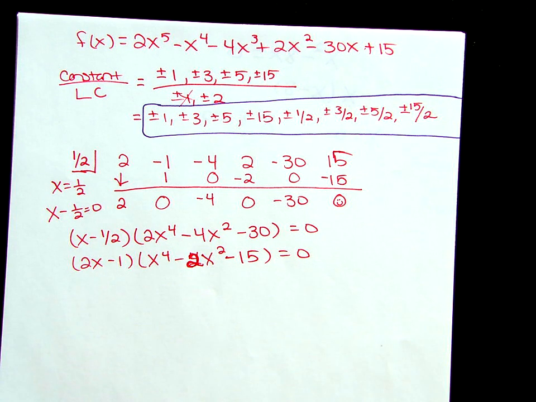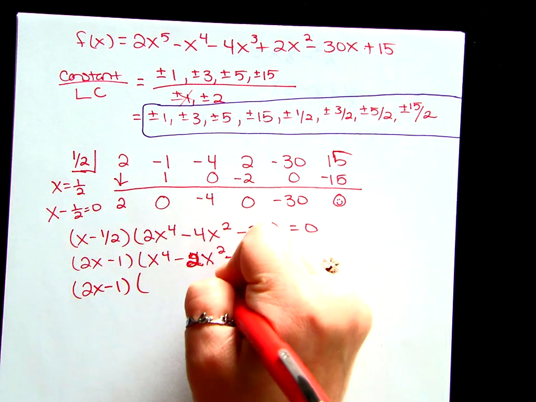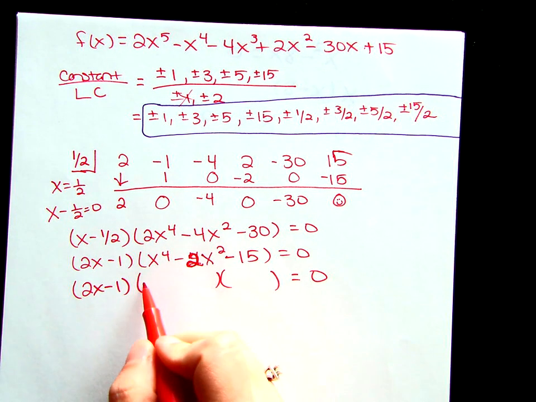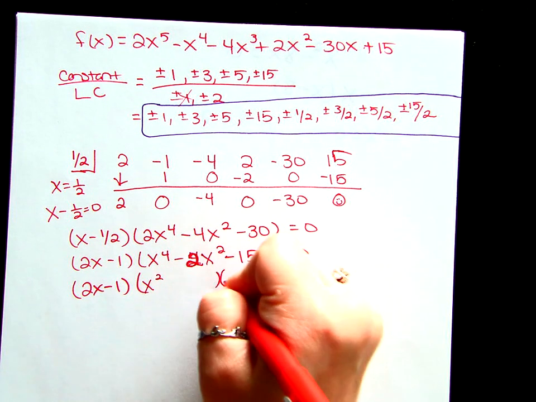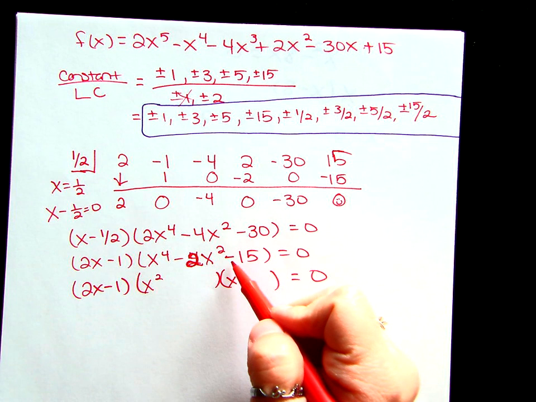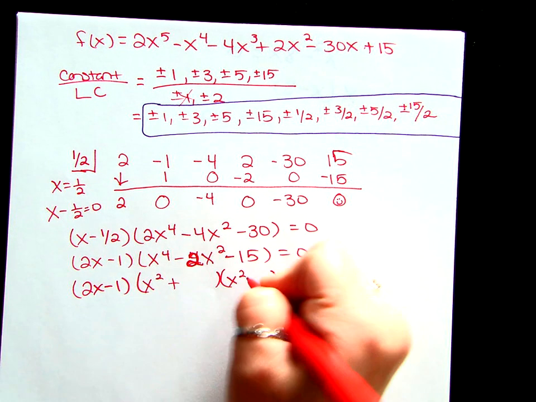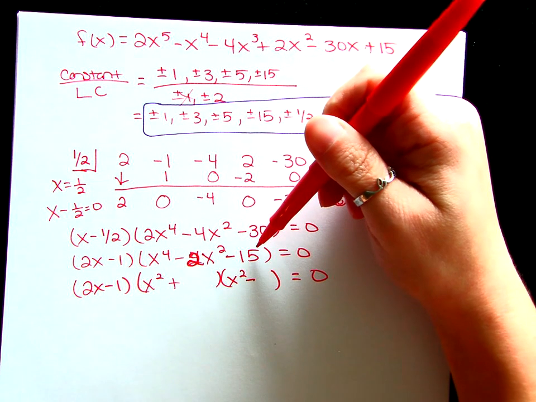So what we're going to do is factor like this. Instead of having just x and x, we have x to the 4th, so that means we need x squared and x squared. Now the sign in front of my c is negative, so that tells me I'm going to have a positive and a negative. And that also tells me I need factors of 15 that subtract to give me a negative 2.